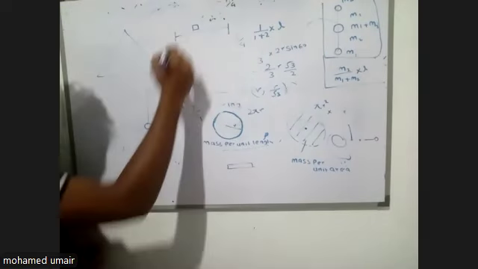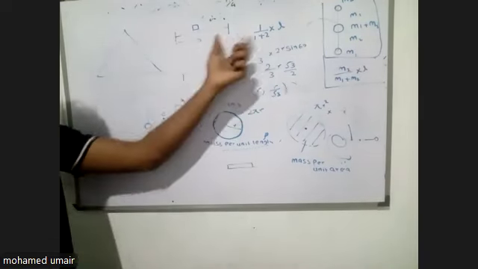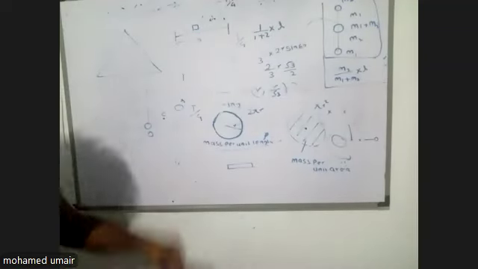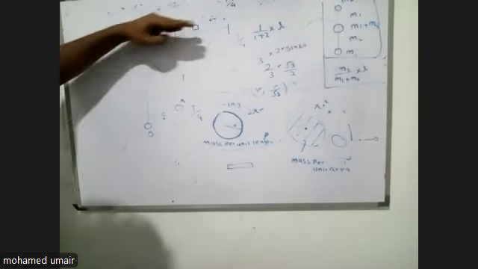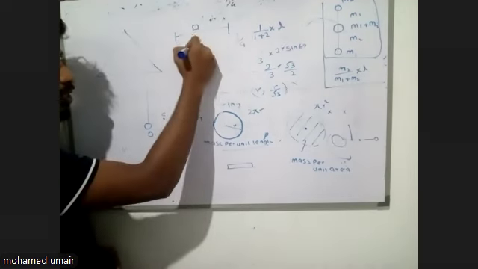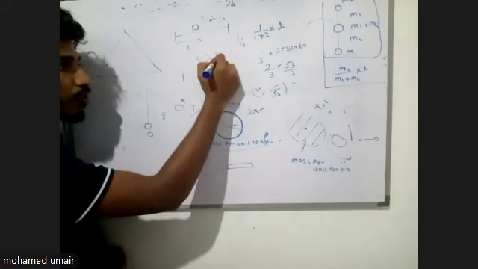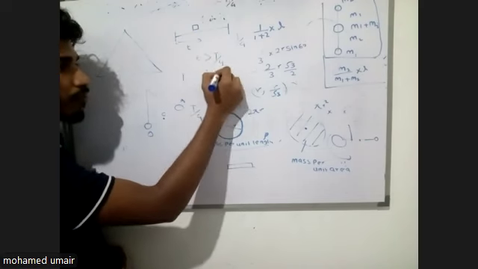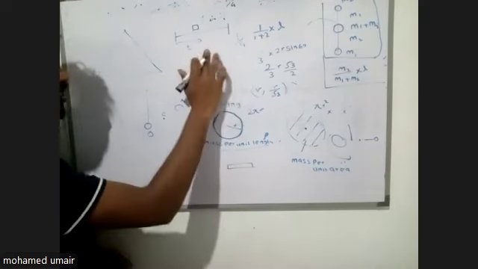So what can you say about the time to reach this place? Will it be smaller than T by 4 or greater than T by 4? The total time taken is T by 4, and on the way I'm passing this shop. So the time taken, would it be greater than T by 4 or less than T by 4?